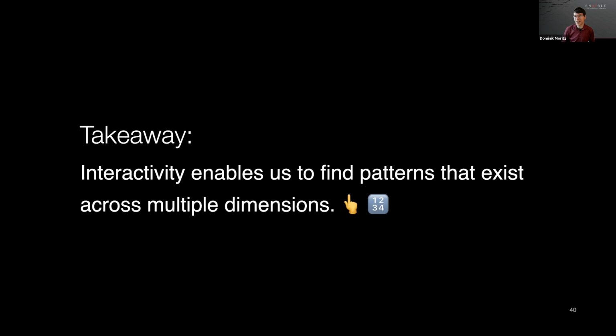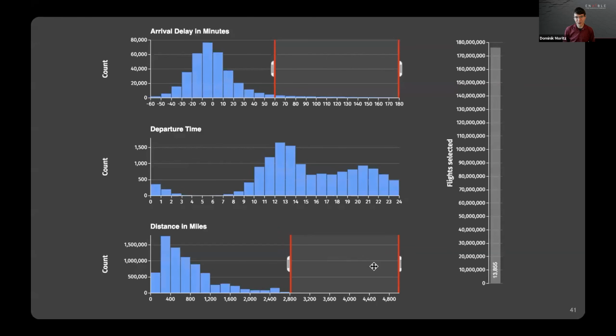And there's one other thing that's happening here. Looking back at this state where I selected the very delayed and long distance flights, you can see on the right that it's only 13,855 flights in this selection that are both very delayed and long distance.